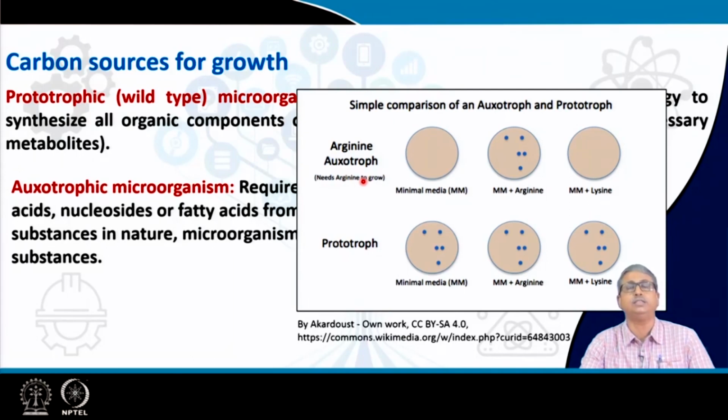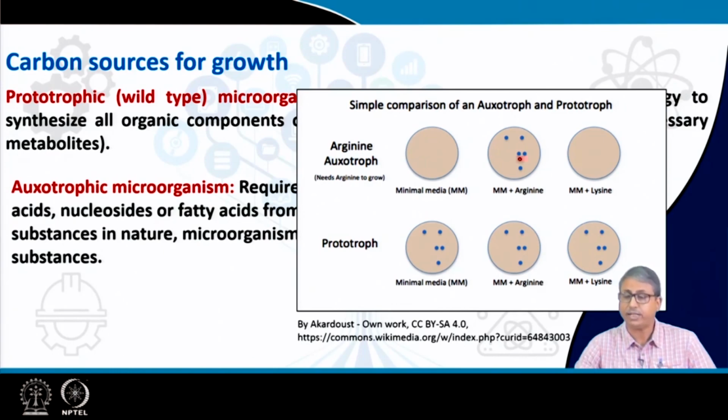So, on the minimal medium alone there will be no colonies appearing, because unless you add arginine, the cells are not going to grow, because they do not have the ability to produce arginine, and arginine is an essential amino acid. So, without synthesis or availability of arginine, they cannot survive, they cannot grow.